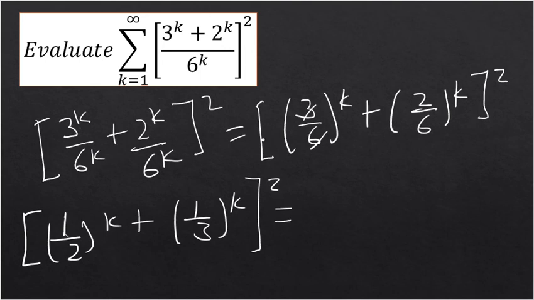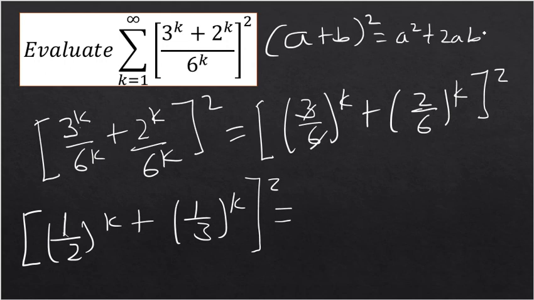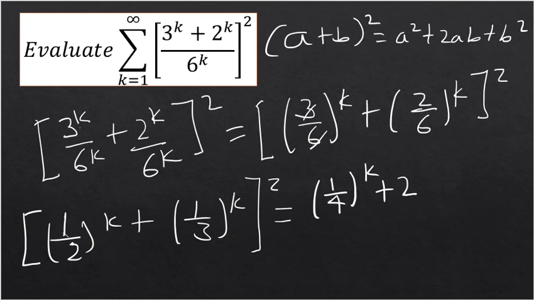And then remember the (a + b)^2 rule. (a + b) squared is the same as a^2 + 2ab + b^2. Applying this rule here, when you square (1 over 2)^k, it's just (1 over 4)^k, plus 2 times, because it says 2ab, we multiply, but they have the same exponent, so the bases are multiplied.